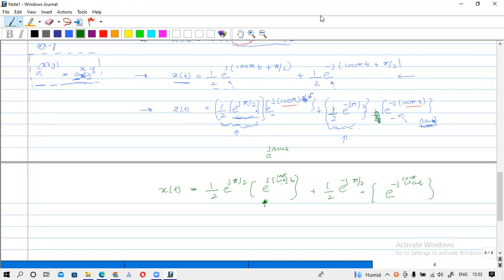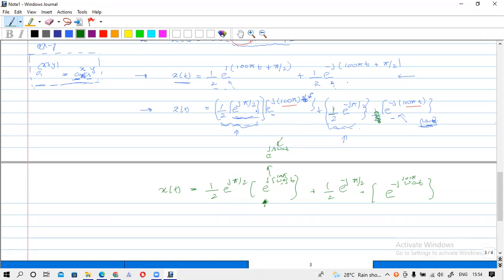If you write this in terms of omega, you will get e to the power j k omega naught t. Here you have omega 105, here you have t, and here you have j. So what is the k value?